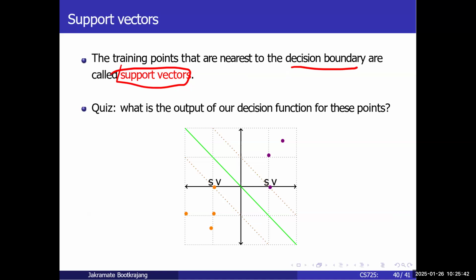It's the ones that support the boundary. These 2 points that are closest to the decision boundary, for the positive example and negative example, we call support vectors.